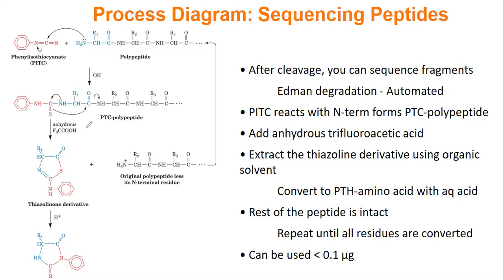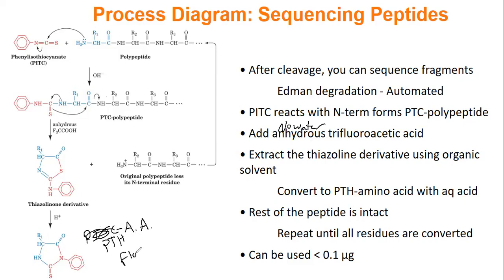After that, we use anhydrous trifluoroacetic acid. So we don't add water, so no water. We add pure acid. And what happens is that the amino acid that's attached to your reagent will cyclize and form a PTH amino acid.